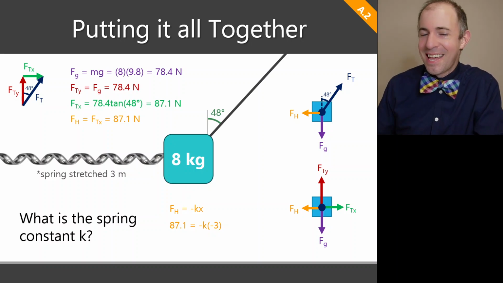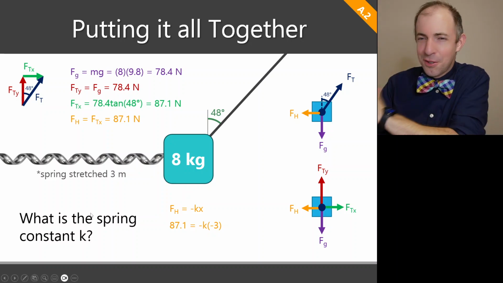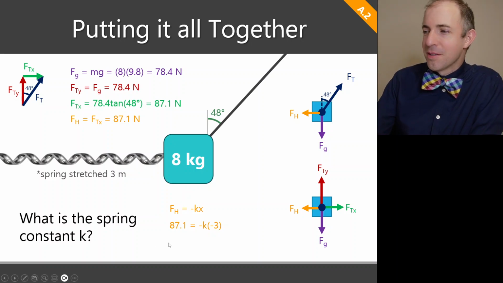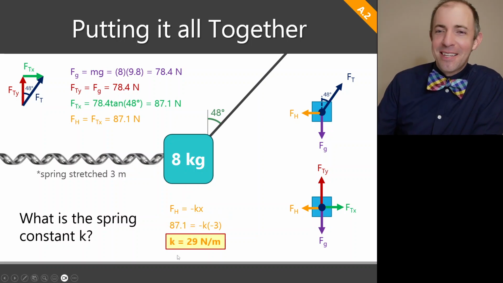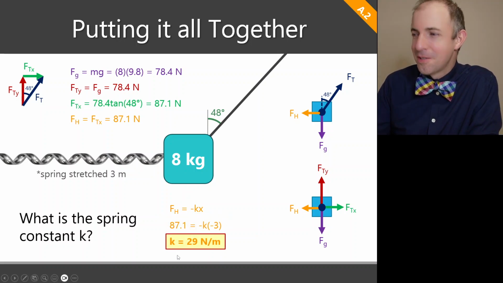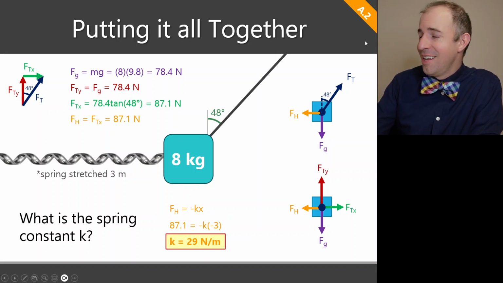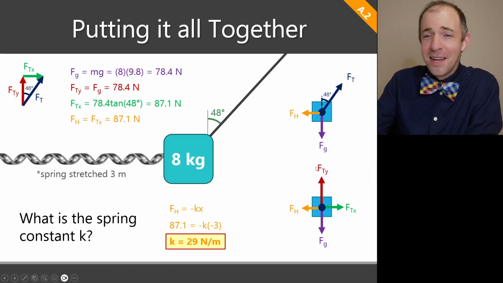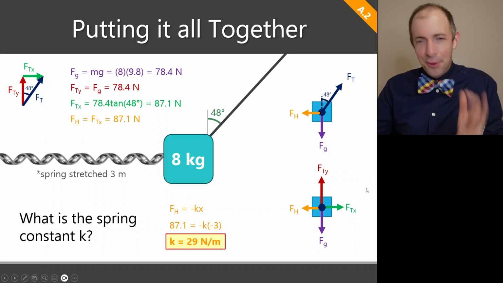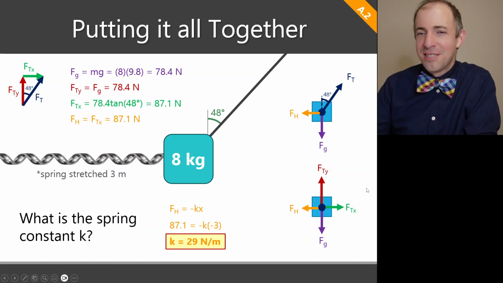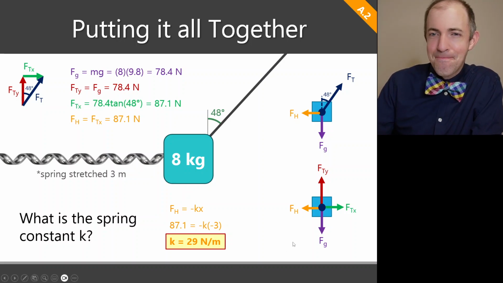If you're stressed out about that negative, just think of it as magnitude and worry about just the numbers here. So when I do that, K ends up being 29 newtons per meter. Again, I took my free body diagram and I turned it into vertical and horizontal, however I could, and looked at all the many relationships and the equations that I knew to solve for K.